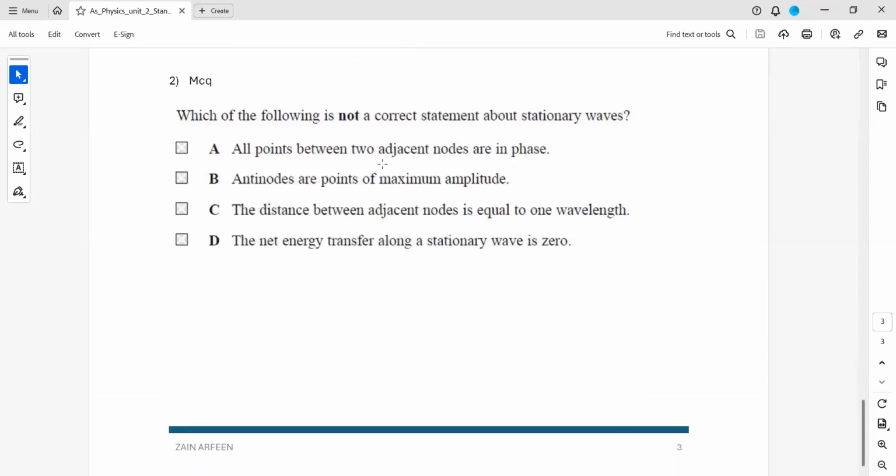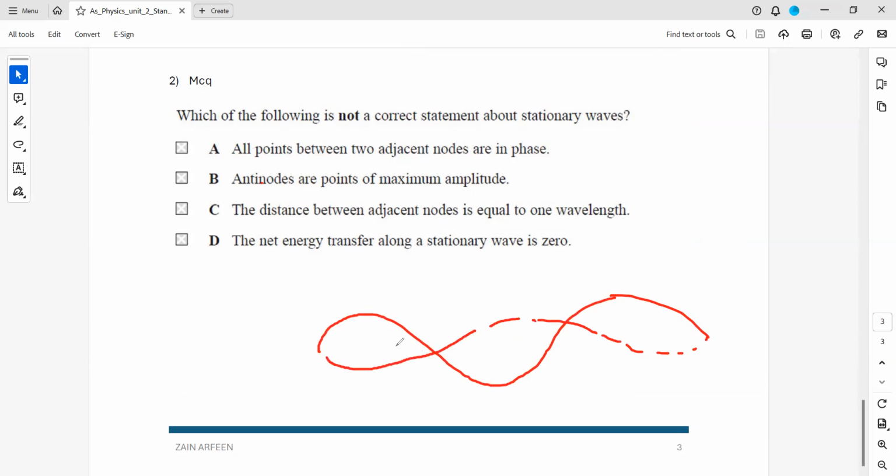Then, which of the following is not a correct statement about the stationary wave? All points between the adjacent nodes are in phase. What does it mean? For example, if this is a stationary wave or a standing wave, all points between adjacent nodes, like this is one node and this is another node, are in phase, vibrating in the same manner.